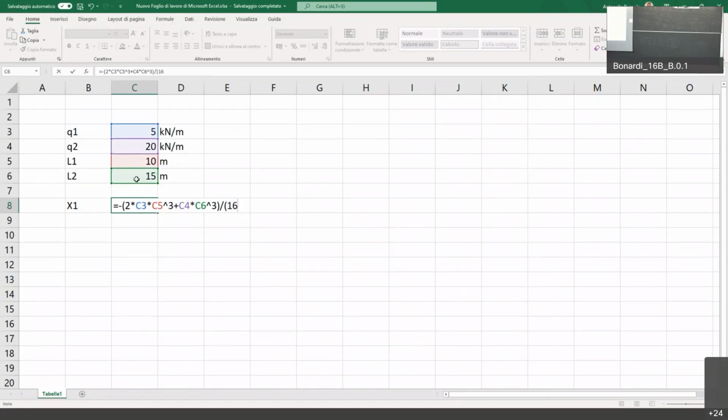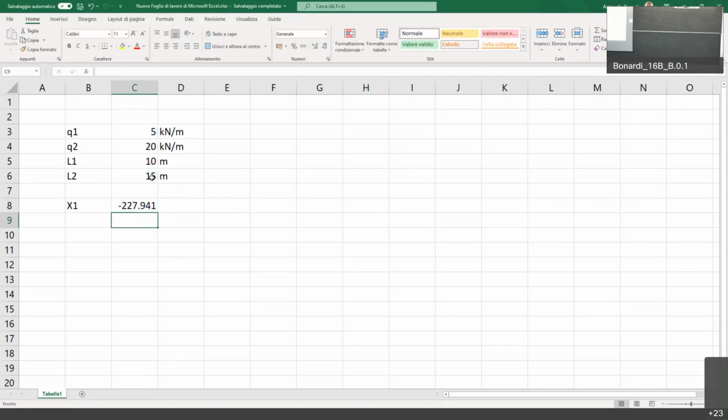It was 16 times L1, so we just click on the cell C5, where we added the value of L1, plus 12 times L2. We close the brackets, and the result is minus 227.94.